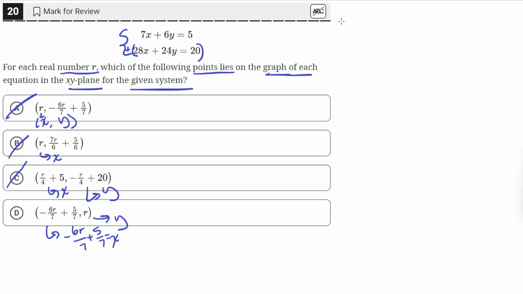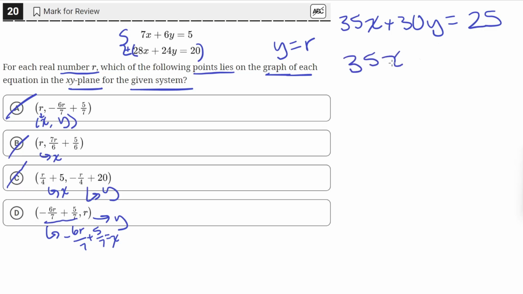So 28 plus 7x is equal to 35x plus 24, that's 30y, and then equals 25. So when we plug in y equals r, our value of x should be this term here. So let's do that. So when we plug in 35x plus 30r equals 25, now we can solve for the value of x.